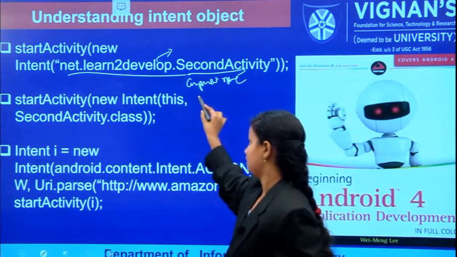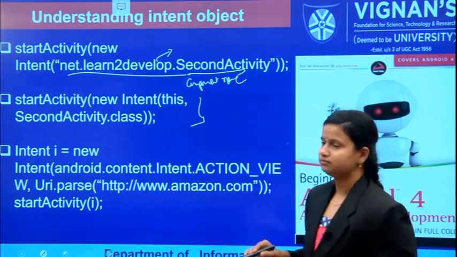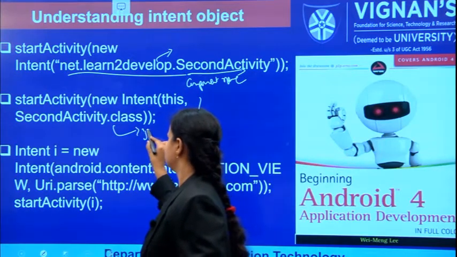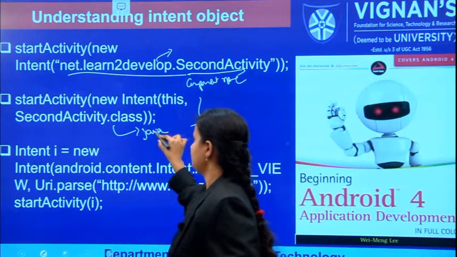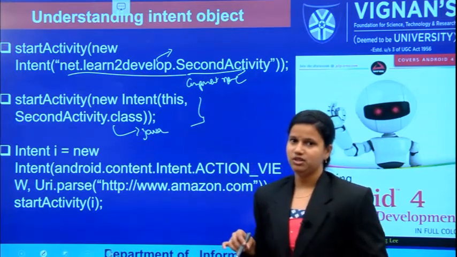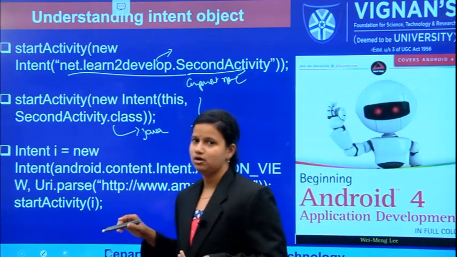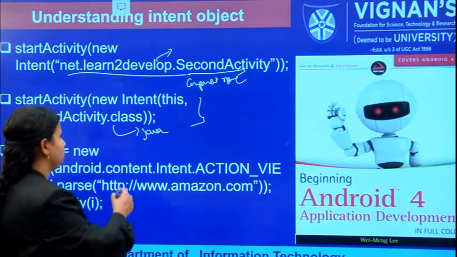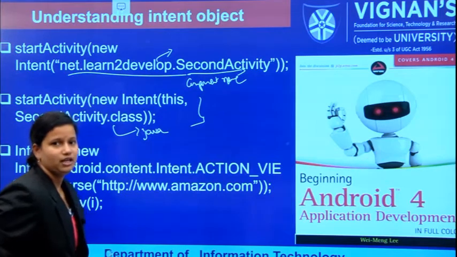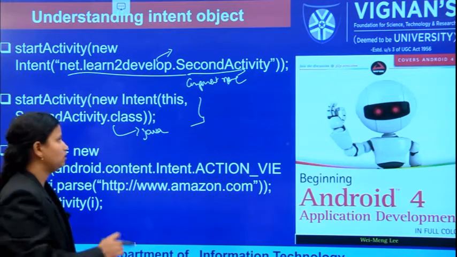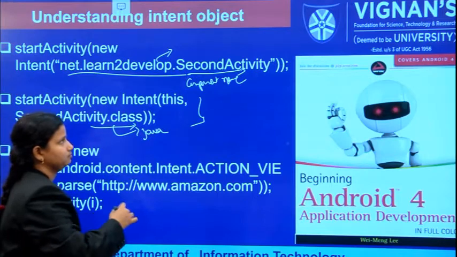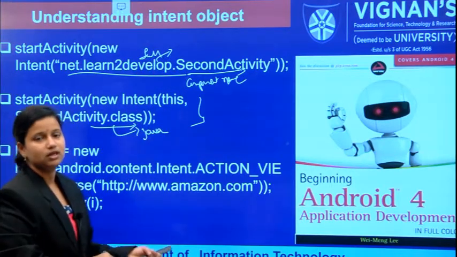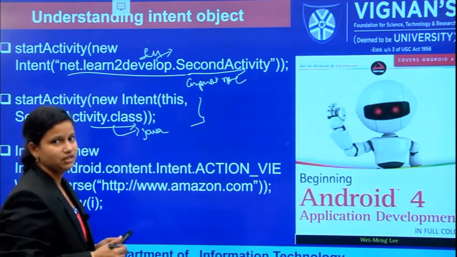The second way is to mention the Java class file of the corresponding activity. That means in startActivity, when you navigate from one activity to another, you are not giving the full name of the file. You go with the Java name of the activity.